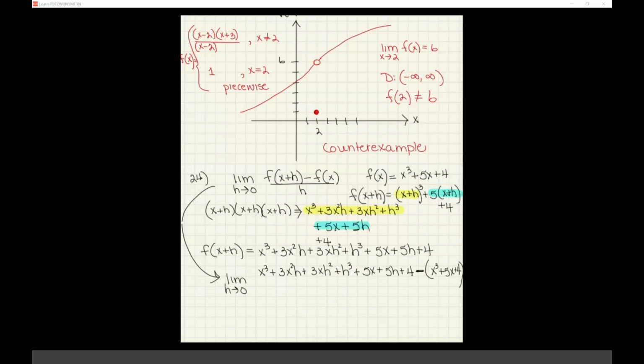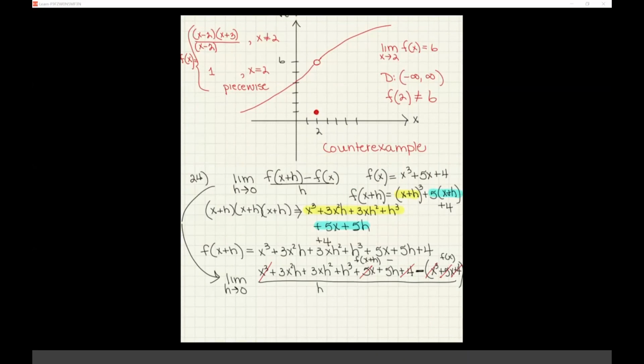So here's the f of x, and this is f of x plus h. Again, I'm just subtracting the original function. And what you can see is the x cubes are going to cancel. The 5x is going to be positive here, negative here, and then positive 4, negative 4.